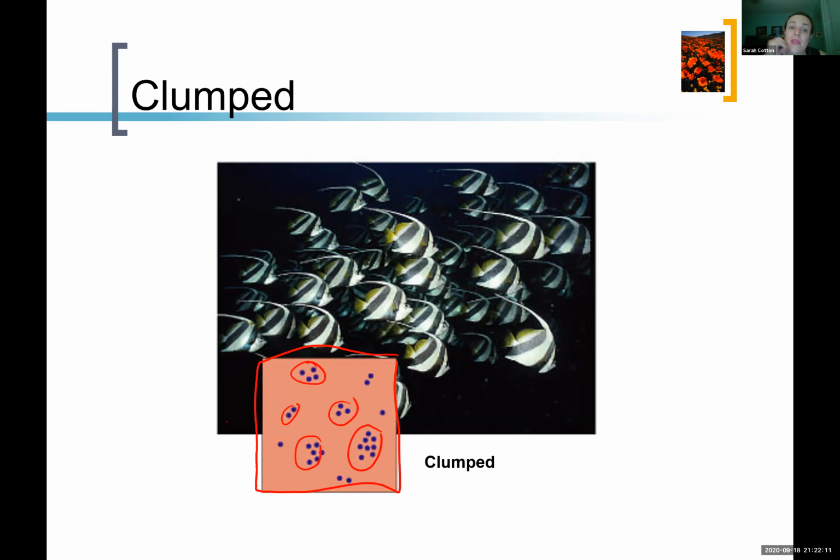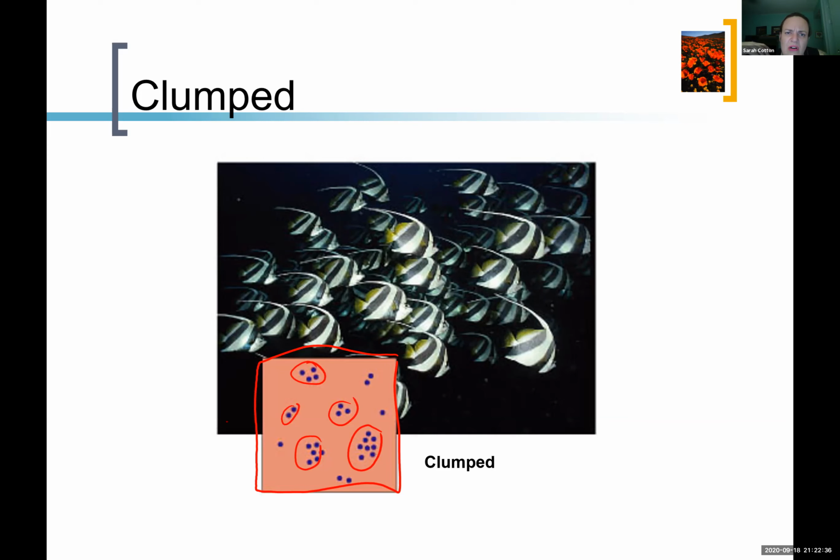Anyway, okay, so clumped could be for protection, safety in numbers. What are some other reasons why you might be clumped? Well, let's say that you need a resource that isn't evenly distributed. Let's say you are a large herbivore, like a moose.